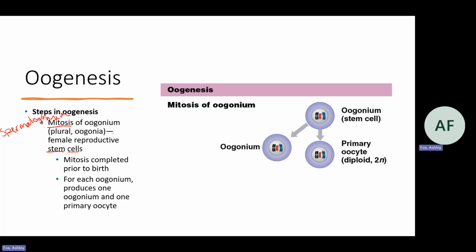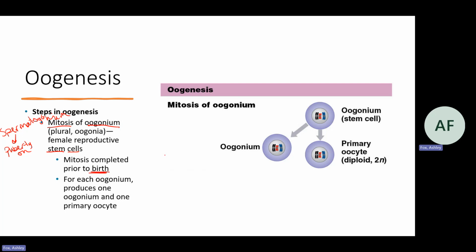In female it's oogonium. So both of these are going to undergo mitosis. The difference is this is puberty on. This is before a female is even born.